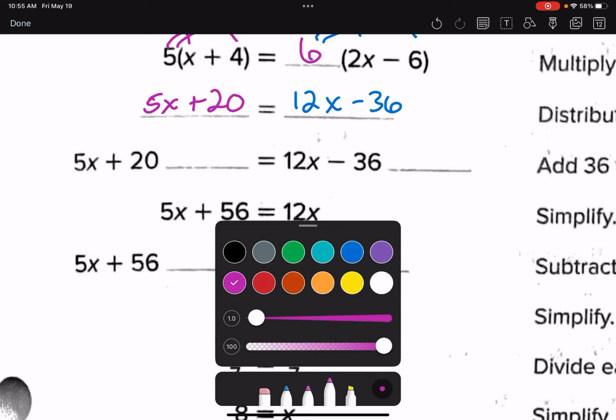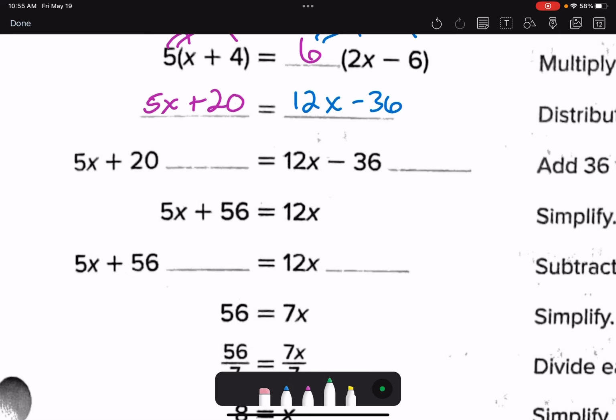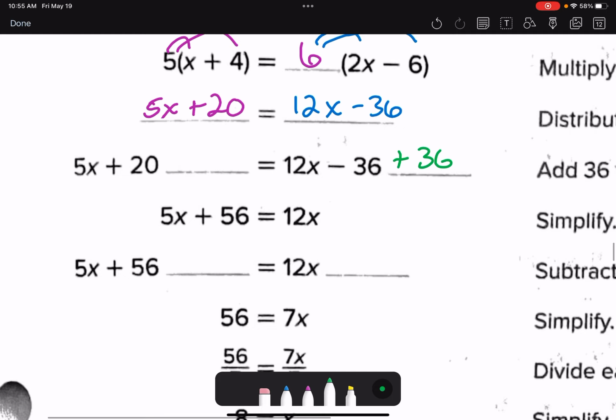So what they do is they move the numbers first, and so they move the negative 36 over to the left by adding 36. And then you get 56, which is here. Then they move the 5x to the 12x, and that means how do you get rid of 5x?